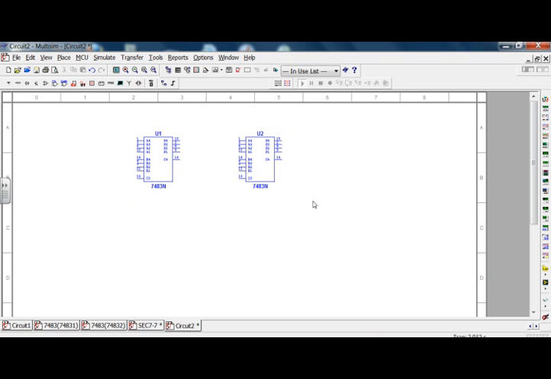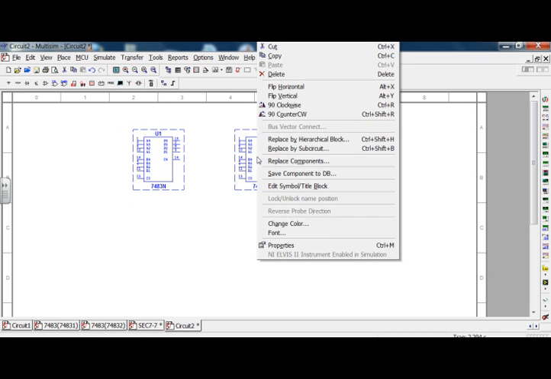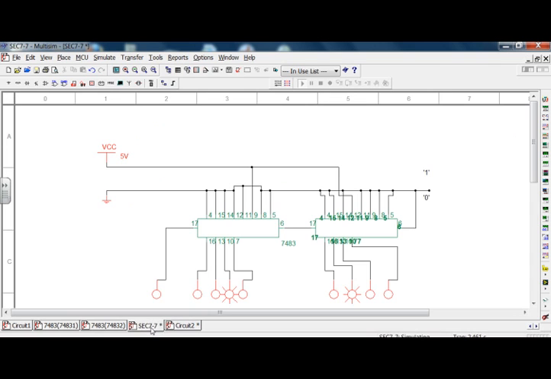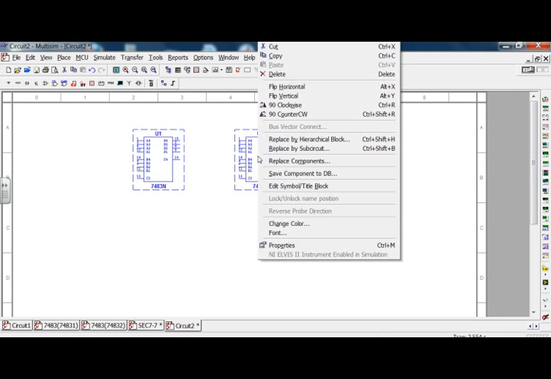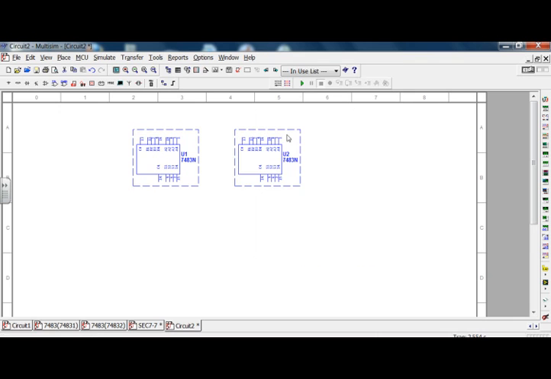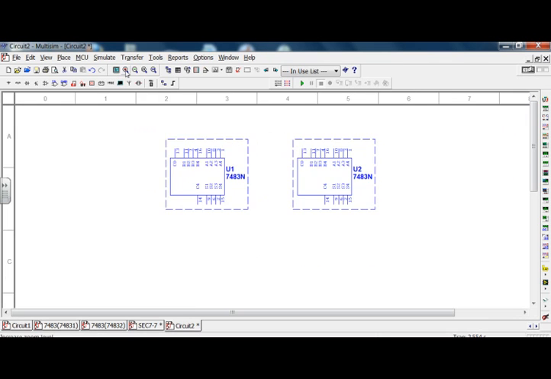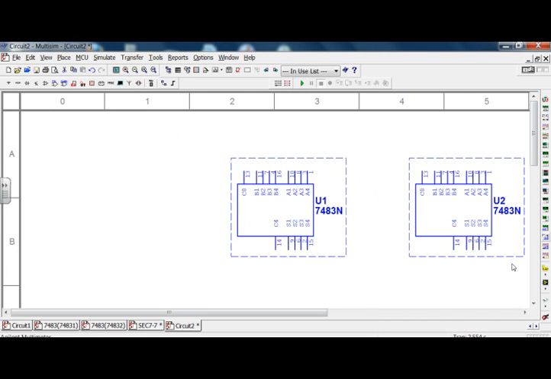And we'll do a rotate on these guys. Rotate that way. Excellent. That big enough for you?